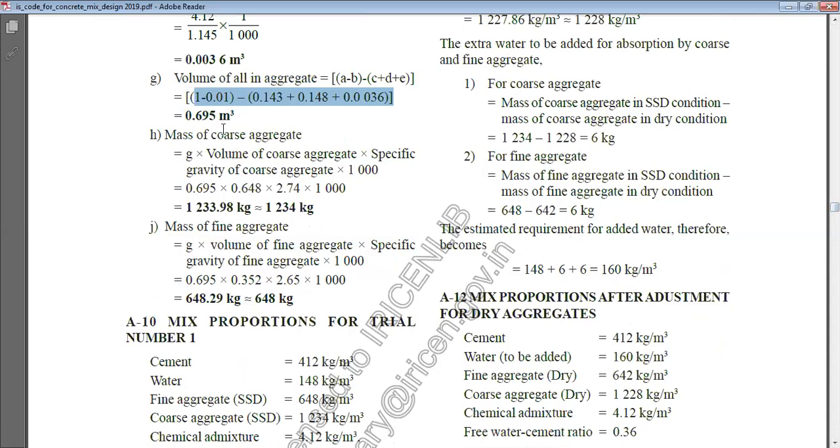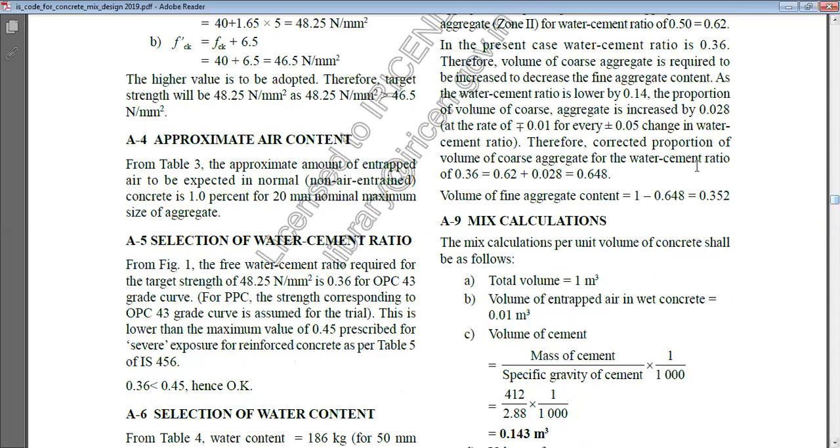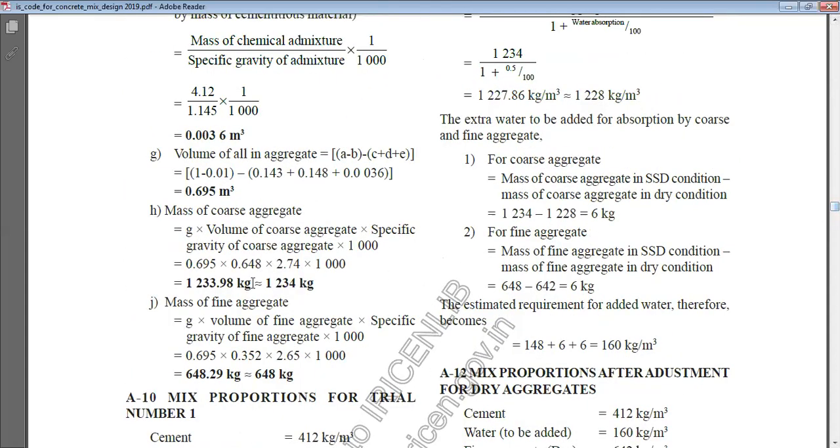Volume of coarse aggregate, as we discussed, is 0.648, into the specific gravity of aggregate given in this problem, into 1000. So you get 1234.9, or generally 1234 kg of coarse aggregate you need to add.